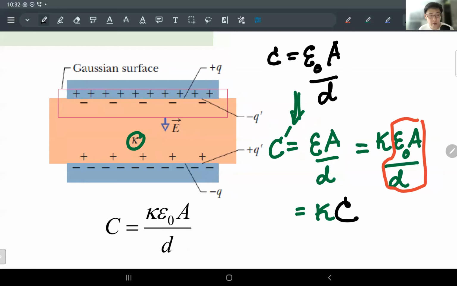So that's what you get out of this. Squeeze in the dielectric material, it will increase the capacitance of your capacitor by kappa times. And the kappa is just the dielectric constant of the material that you used in between your plates. And you are done.